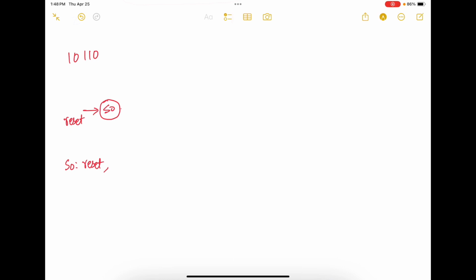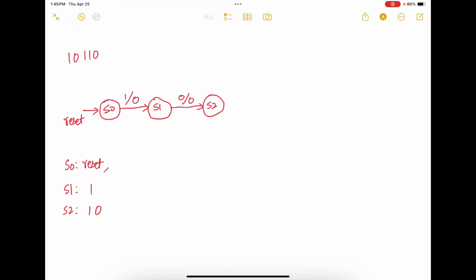From S0, if you get a 1, you move to S1 with the output 0. So S1 is a 1. From S1, if you get a 0, you move to state S2 with your output still at 0. So S2 is 1, 0.